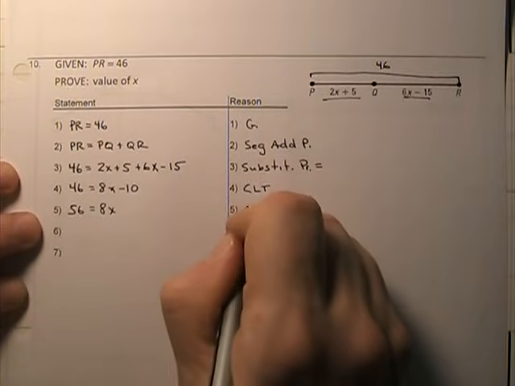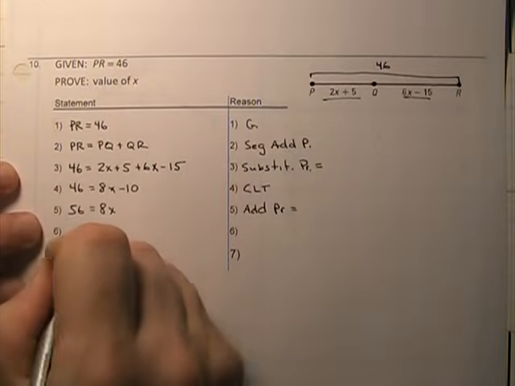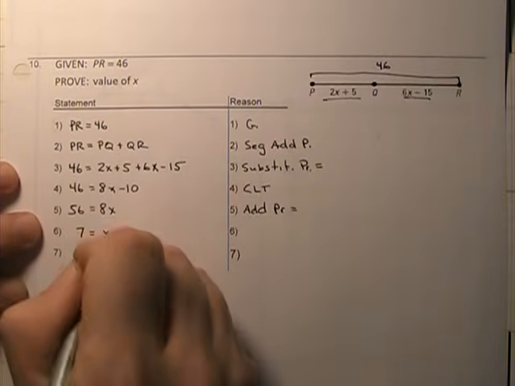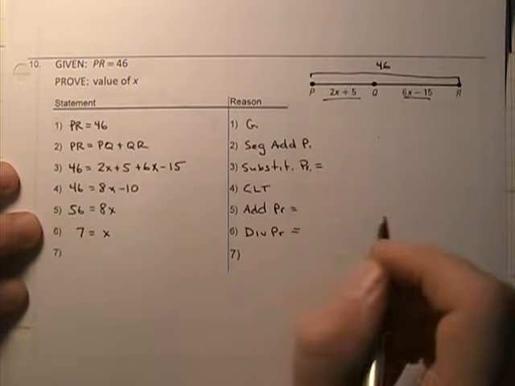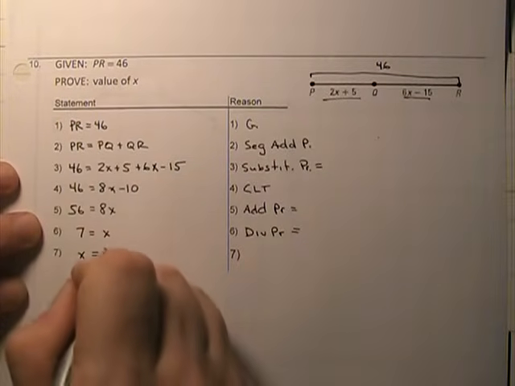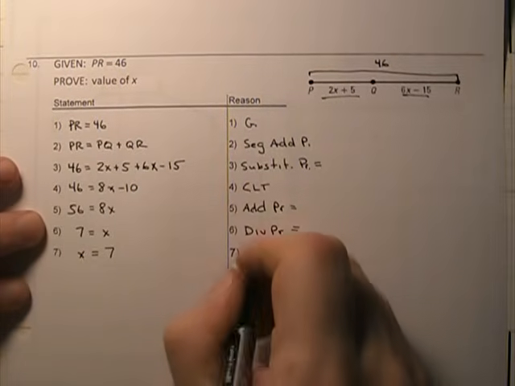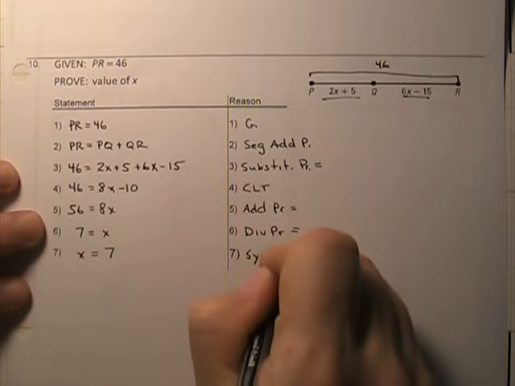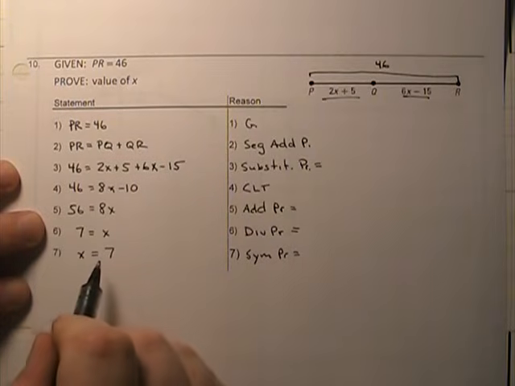And that's just the addition property of equality. Divide by 8. And let's get the variable on the left. That's just the symmetric property of equality. So we've got our x equals 7.